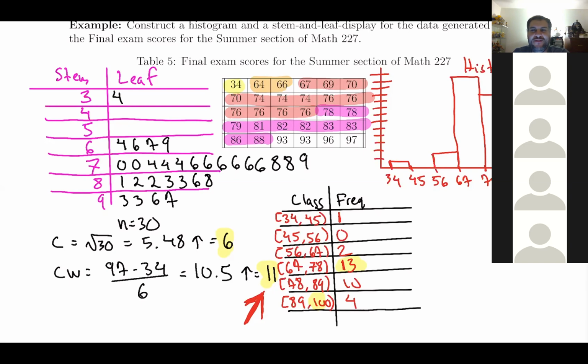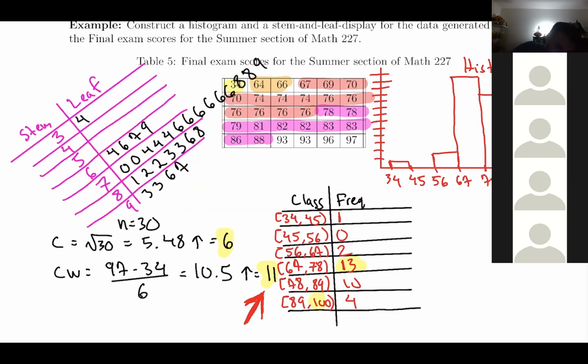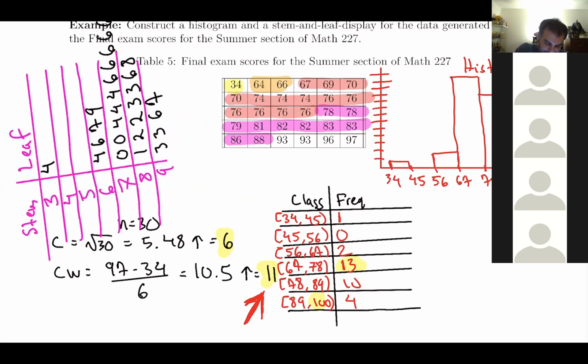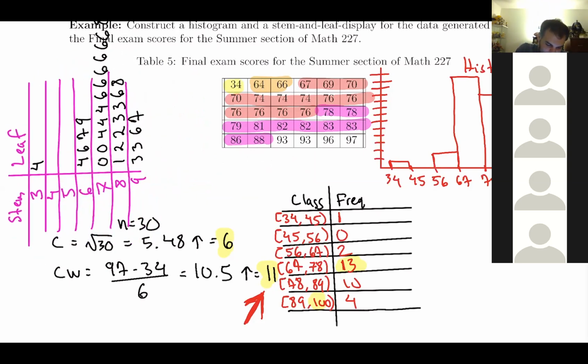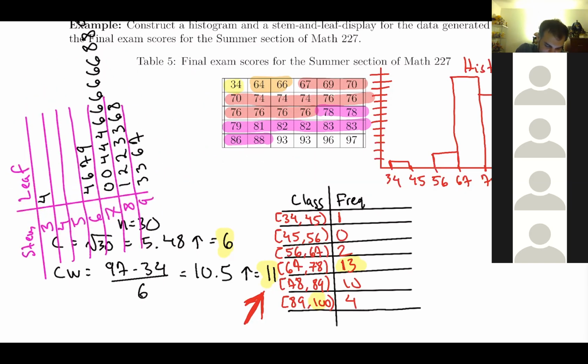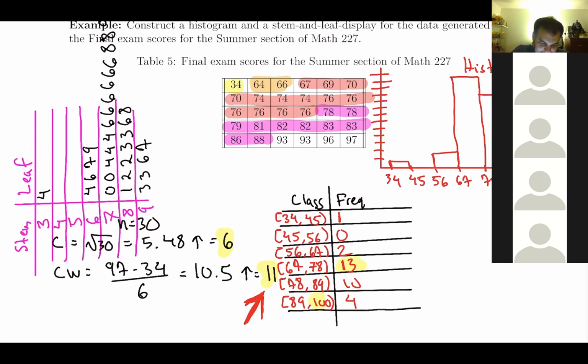All right. If you look at my histogram and my stem and leaf plot, they kind of look the same. Let me get my stem and leaf plot here.